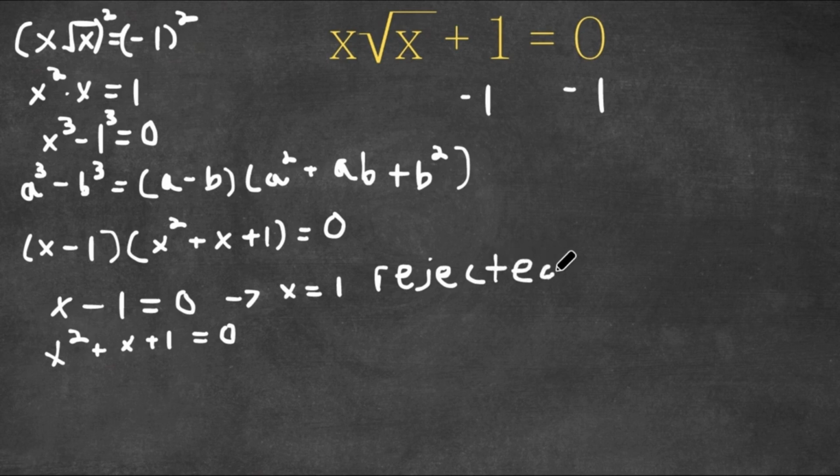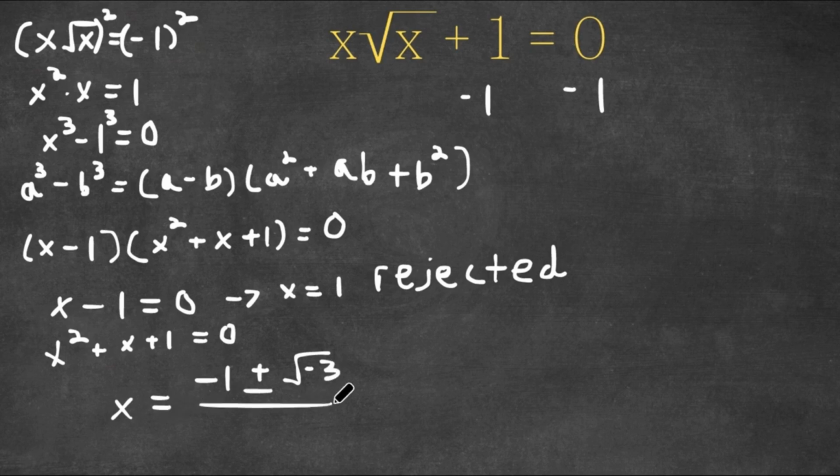So now let's go ahead and try our second equation. Well, to solve this, we actually need to plug this into the quadratic formula. By doing that, I'm not going to waste your time by plugging it all in, we simply get -1 plus or minus the square root of -3 over 2.